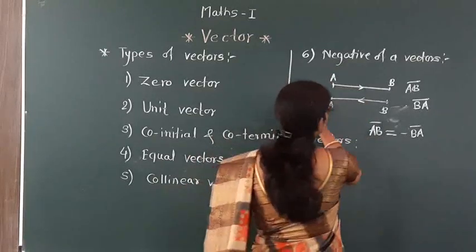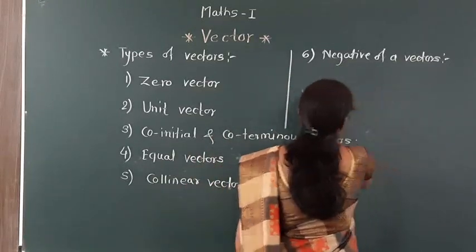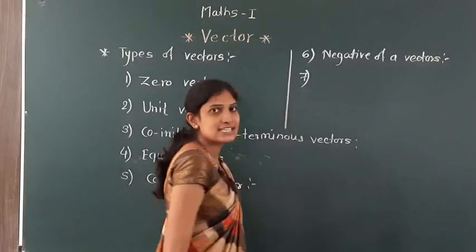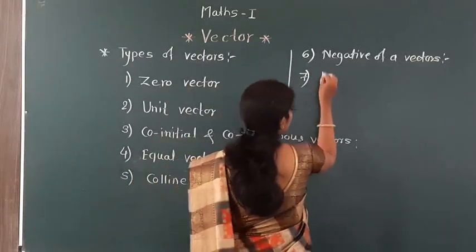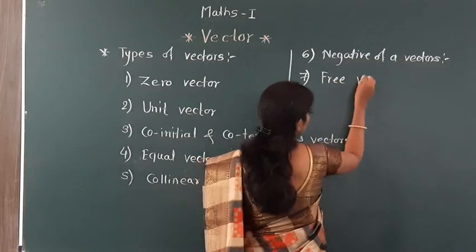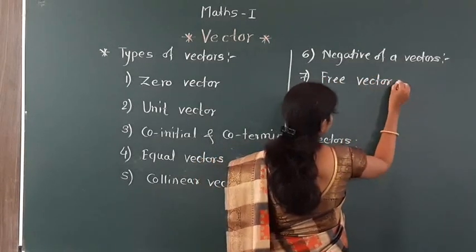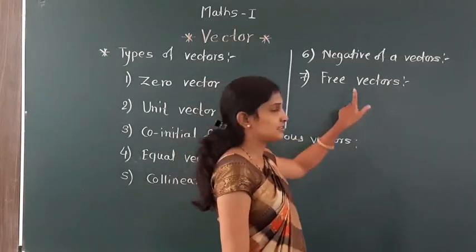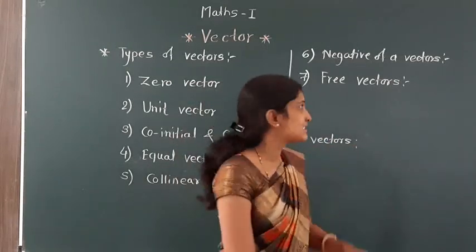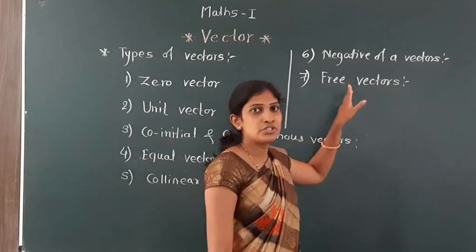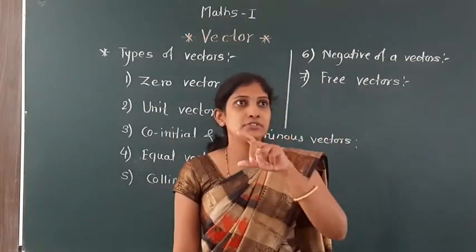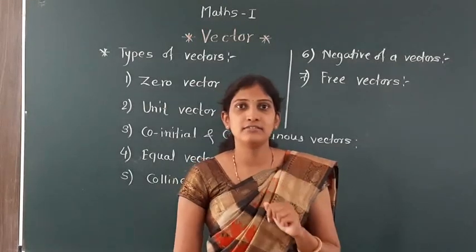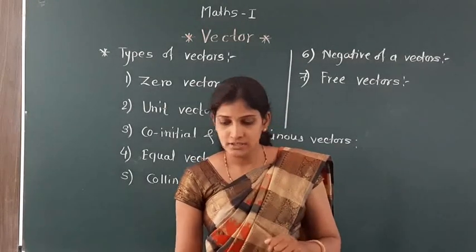Now next type 7, which is free vectors. This concept we usually use in JEE and CET examinations.